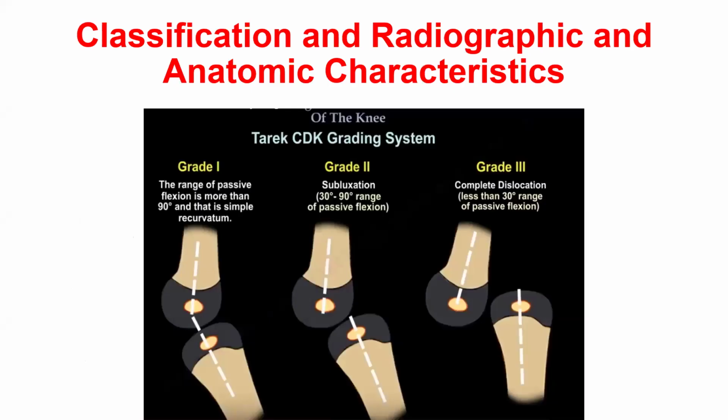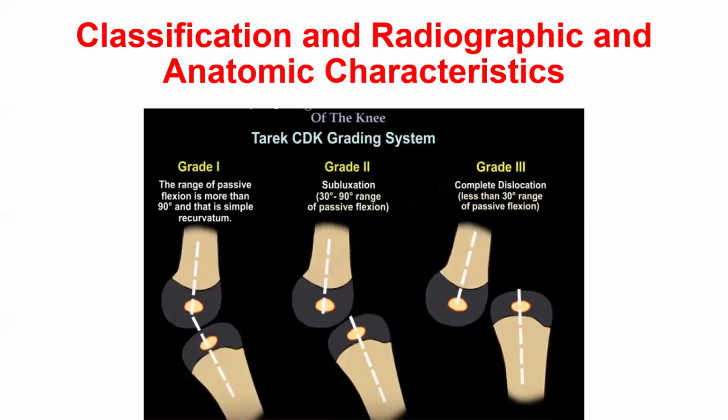Classification, and radiographic and anatomic characteristics. Grade 1 is shown on the extreme left side. The range of passive flexion is more than 90 degrees, and they usually have a recurvatum, but the knee can flex.